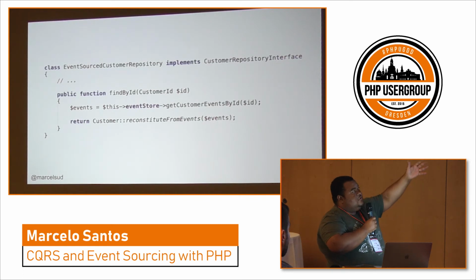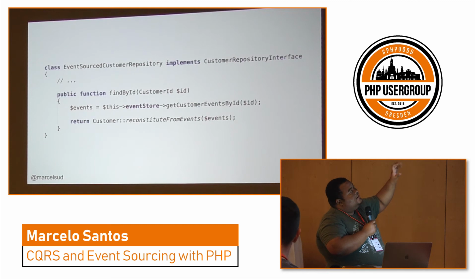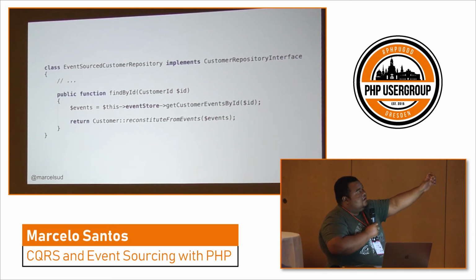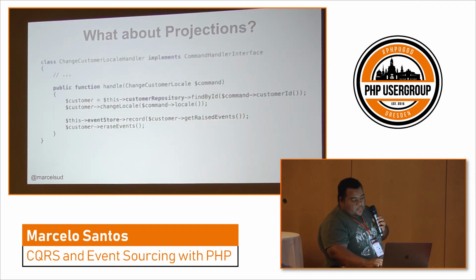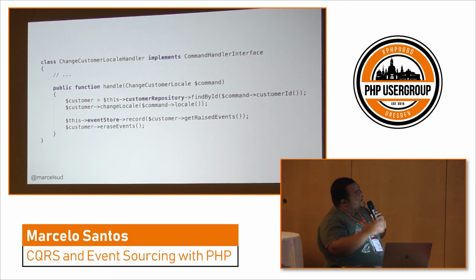It could be that I was running a MySQL query here or whatever. In this case, I am getting from the events. And this is where event sourcing starts. I read everything from that customer and apply those events with this reconstitute from events method. And then I have the latest state of this object. And then I get all the events that happened and save them somewhere.